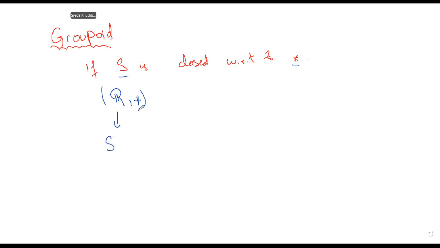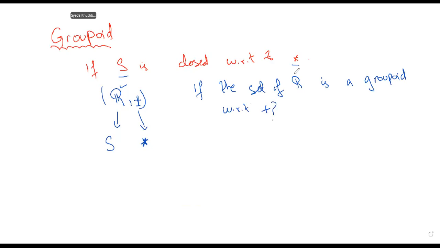S is R, and what is the binary operation? Addition is my binary operation. We need to know these two things, the set S and our binary operation, and this is how I will see if the set of real numbers is a groupoid or not with respect to addition.